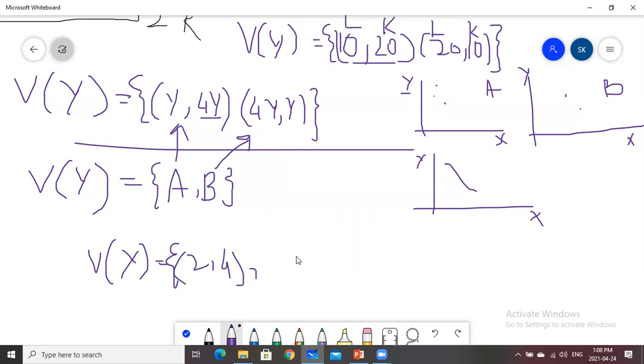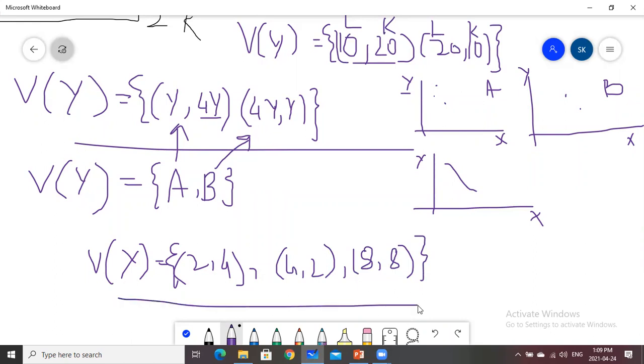Then another input combination is 4, 2, and the last one is 8, 8. In the above set, there are different combinations. The last combination explains that 8 can produce 1 unit of output.